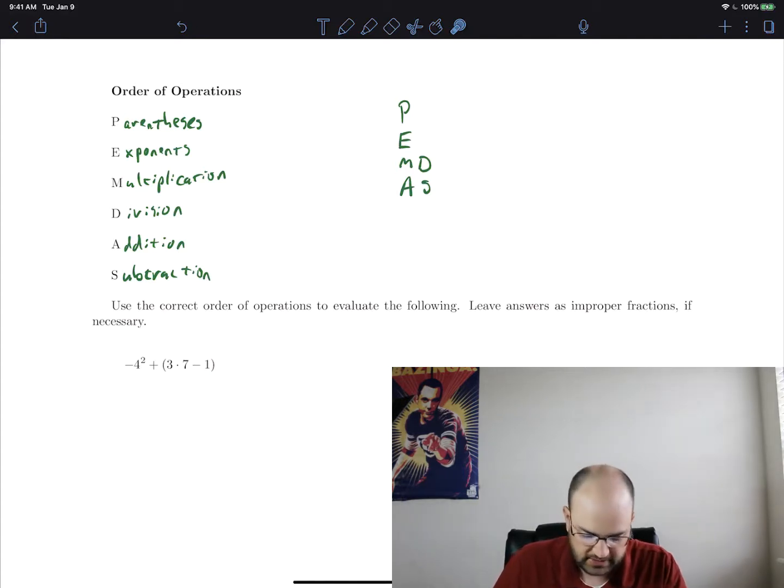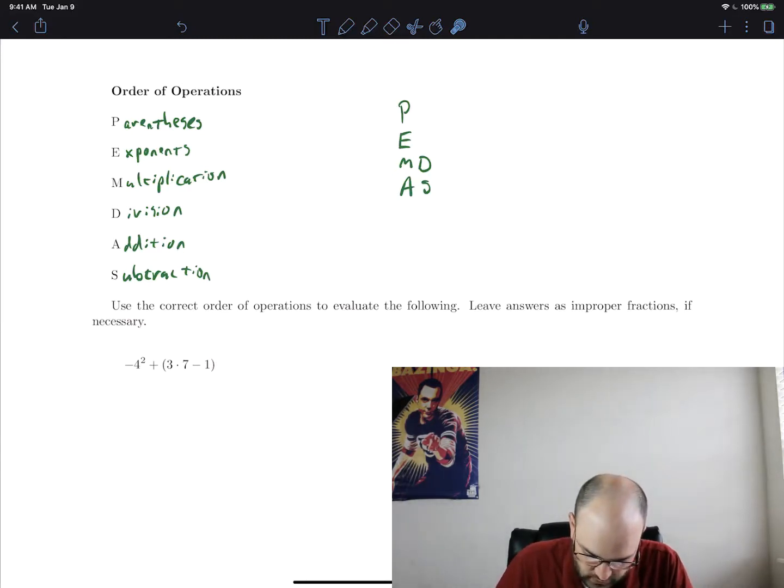And so what that means is that the order in which we evaluate things are parentheses, exponents, and then either multiplication or division, depending on which one occurs first in the expression. And the last would be addition or subtraction, depending on pretty much whatever order you want to do them in, honestly.